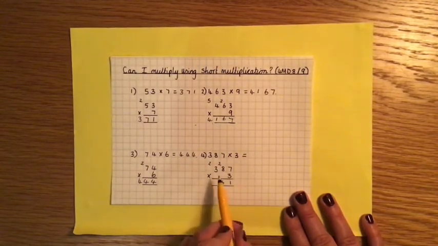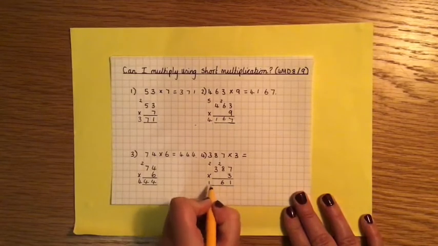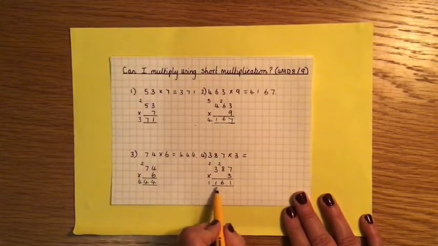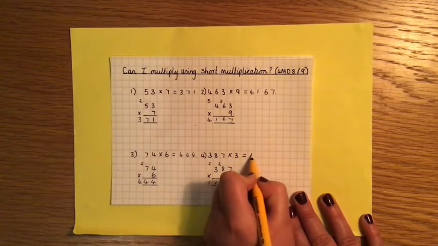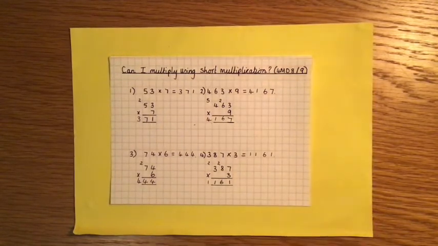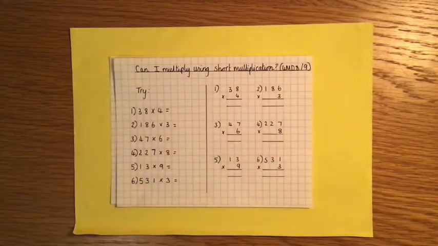Now I've got 3 times 3, which is 9, plus 2 is 11. Nothing else to times, so the 11 just goes there in my answer, making it 1,161.